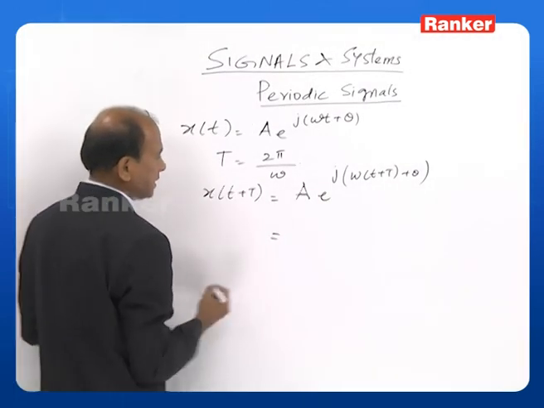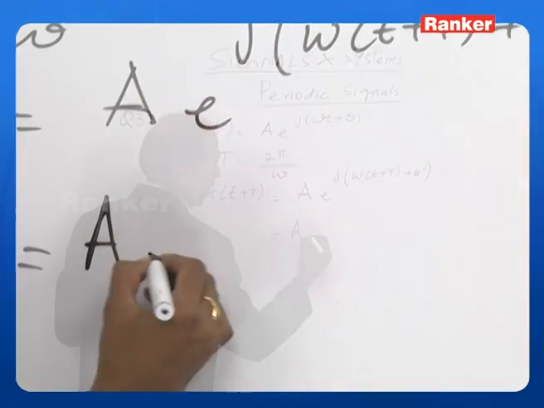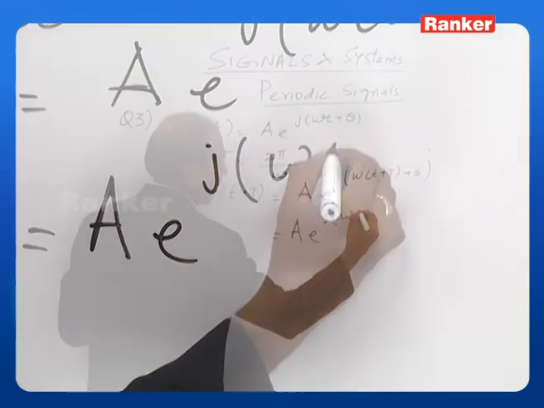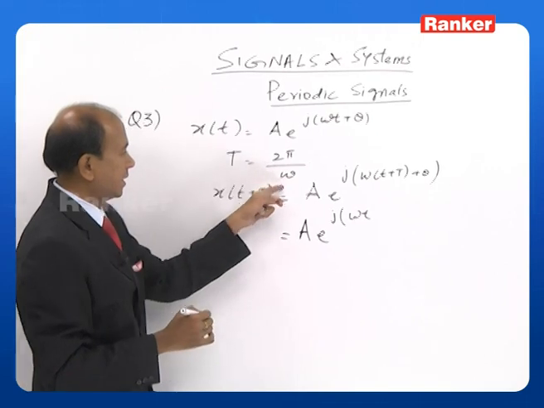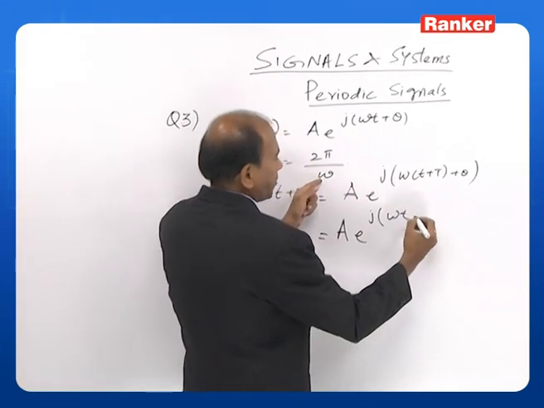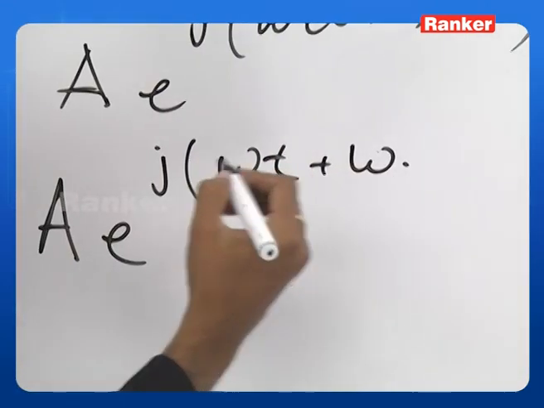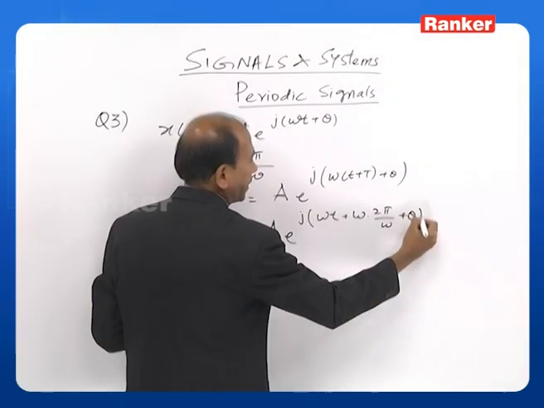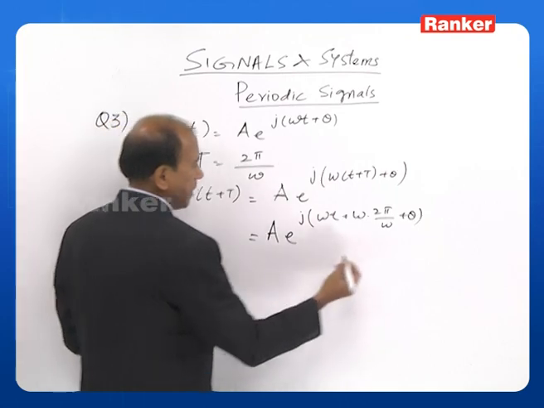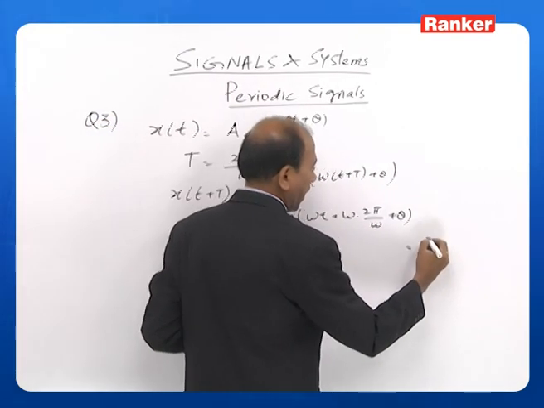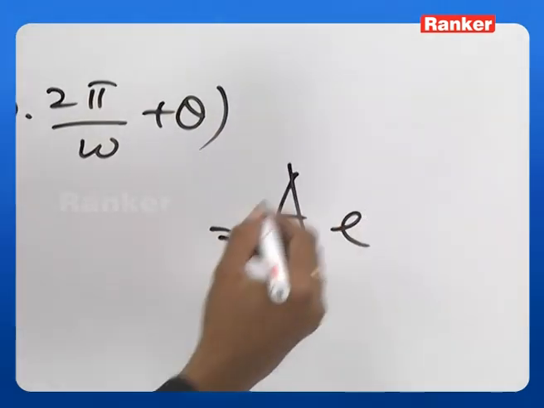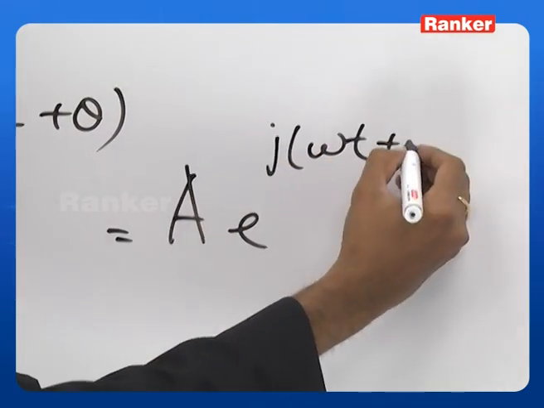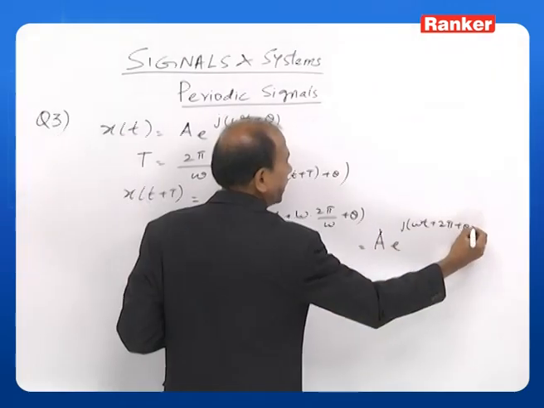Okay. So, how much is this? This is equal to A e to the power of j omega t plus omega into 2 pi by omega plus theta. So, this will be equal to A e to the power of j omega t plus 2 pi plus theta.